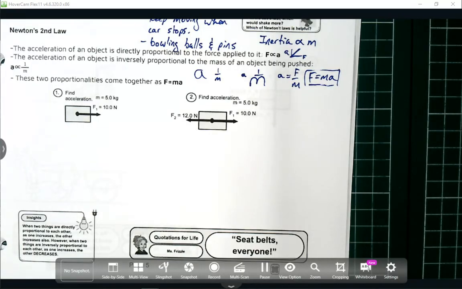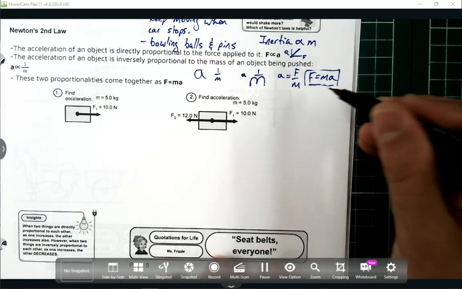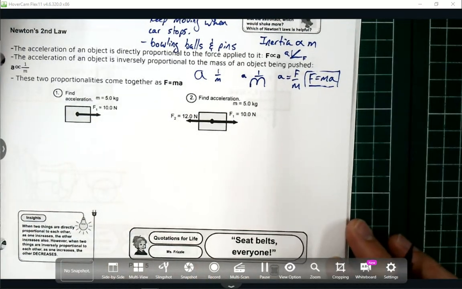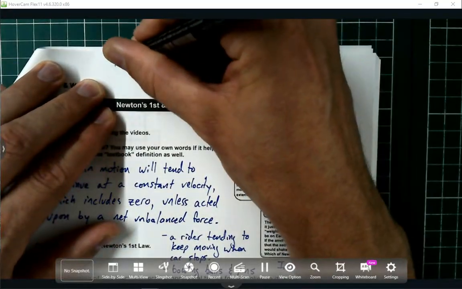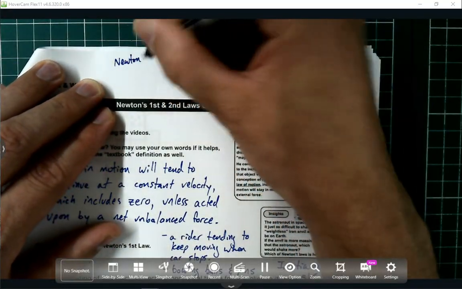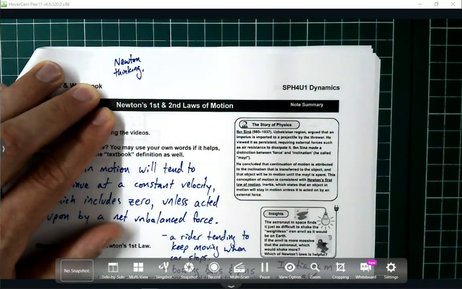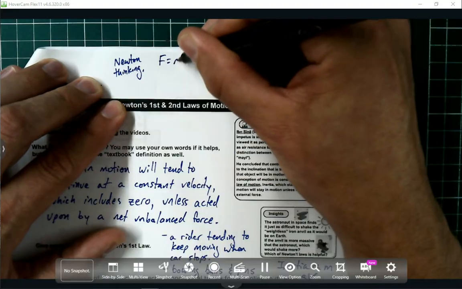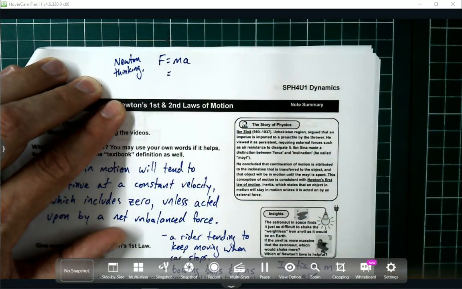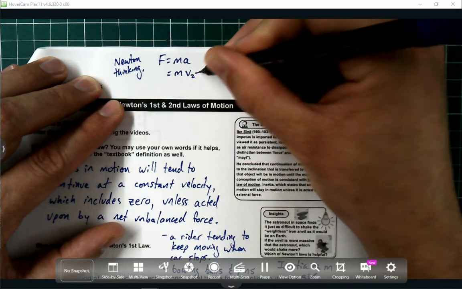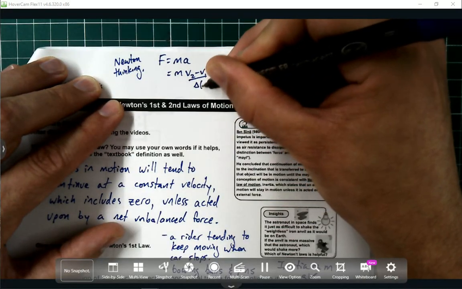Newton himself didn't really conceptualize it this way. From things that I've read, Newton talked about it not being F equals MA. Maybe I'll just do a quick little aside at the top of the page. In terms of Newton thinking, F equals MA, we've talked about in kinematics, A being the change in velocity, v2 minus v1, divided by the amount of time that goes by.